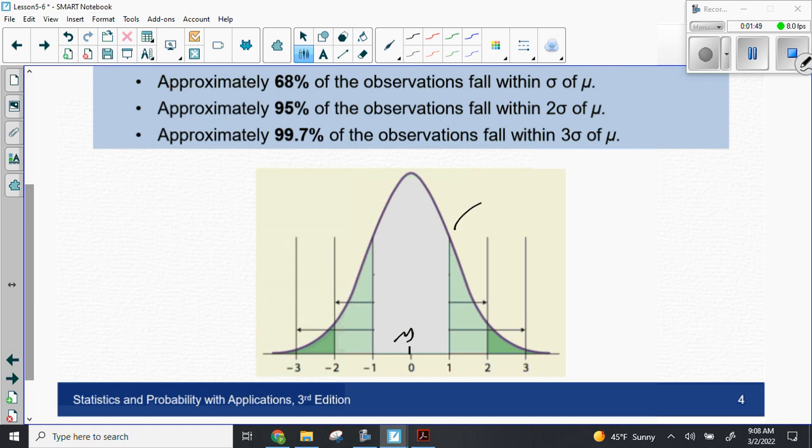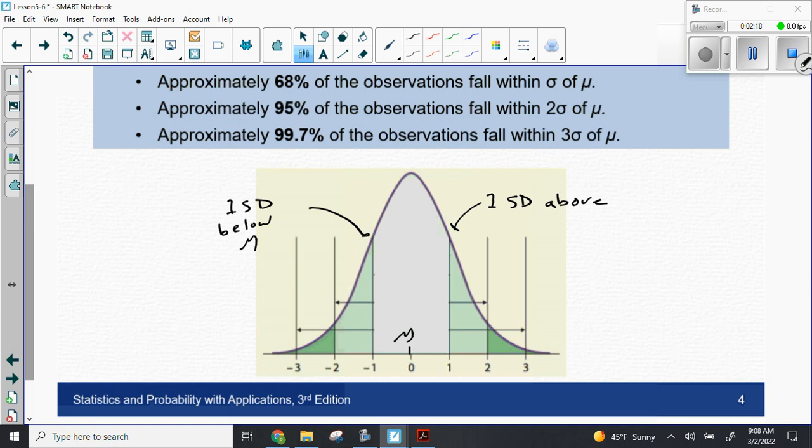And this is 1 standard deviation above the mean. And -1 corresponds to 1 standard deviation below the mean.